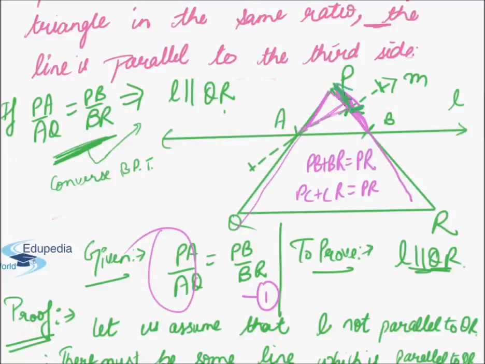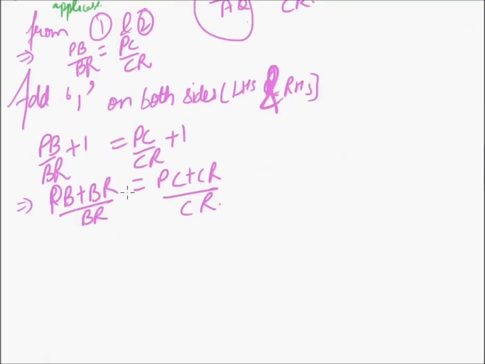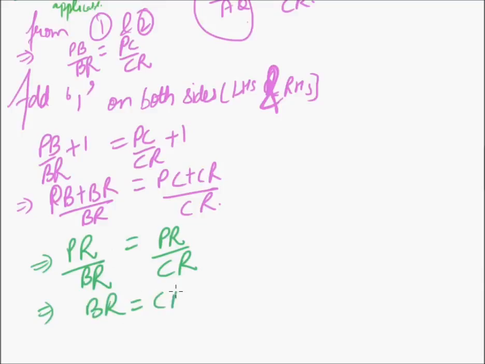So PB plus BR and PC plus CR are both one and the same thing, that is PR. So here both numerators give us PR over BR equal to PR over CR. On cancelling the numerators, we will get BR equal to CR.